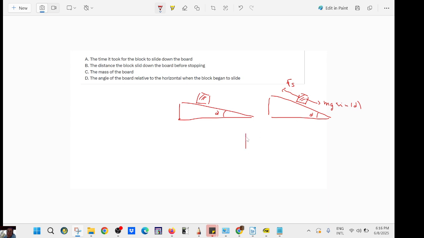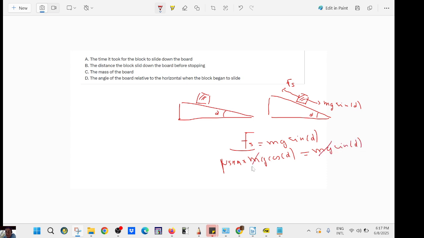So in that case, we have that the static friction will be equal to mg sine alpha. And again, the static friction will be the static coefficient times the normal force, which is mg cosine, equals mg sine.